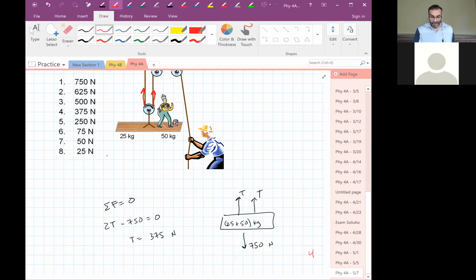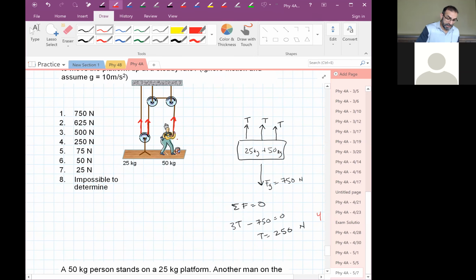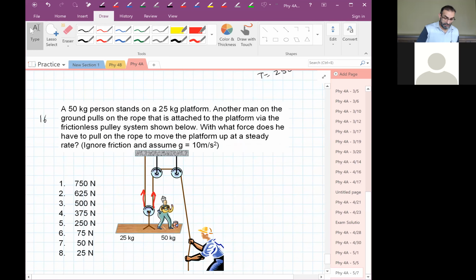Because the person's not holding the rope anymore. So here the person that was pulling was part of the system, so we had three upward forces there. But here, the person that's pulling is not part of the system. The string is only pulling up on our system in 2 places.